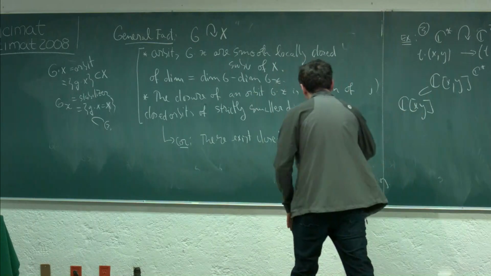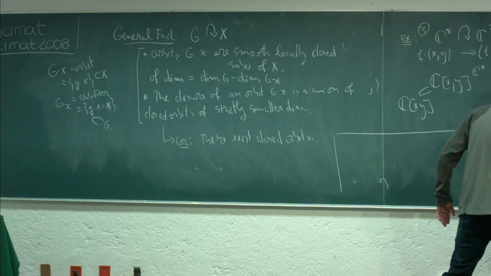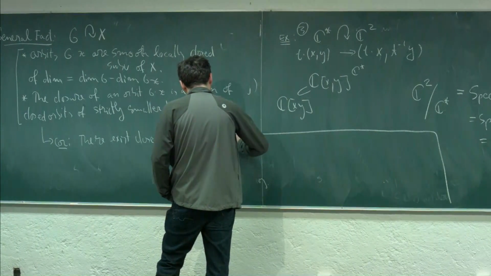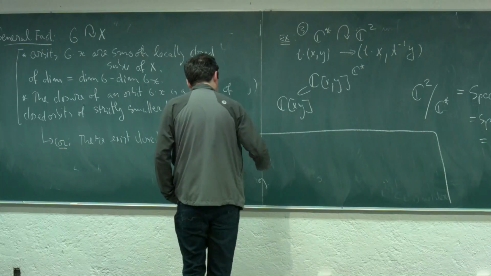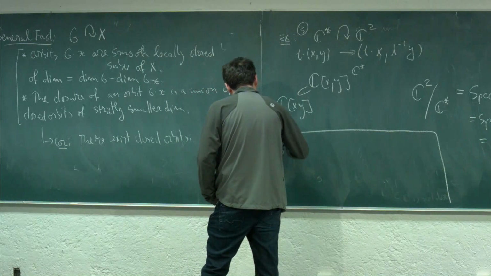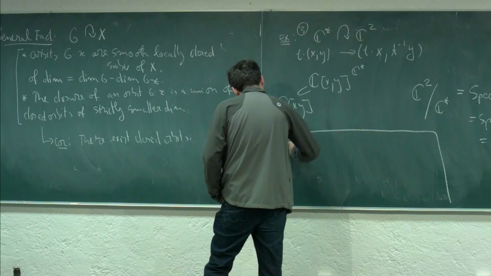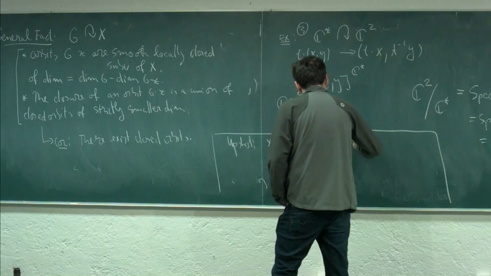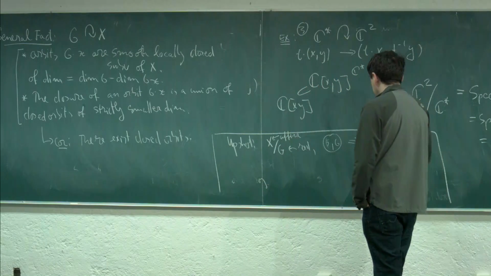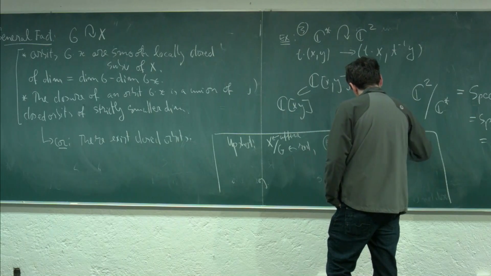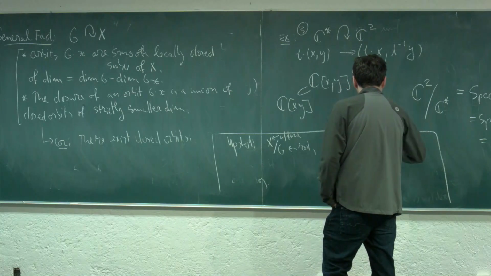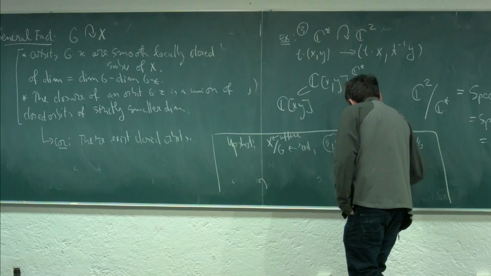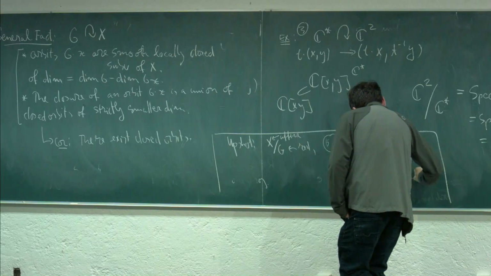And the upshot is that if I take X mod G, where this is affine and reductive, properties 5 and 6 imply that the points of these quotients are in one-to-one correspondence with closed orbits.